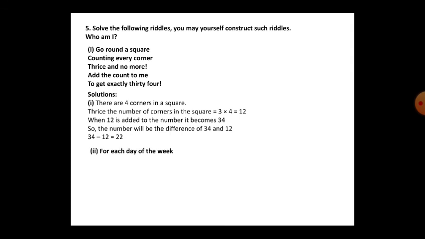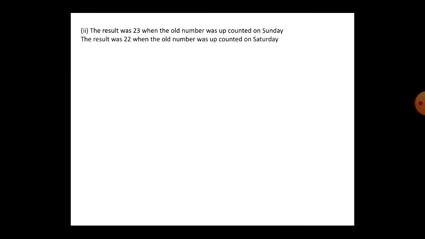For each day of the week, make an up count from me. If you make no mistake, you will get 23. Here is another riddle. The result was 23 when the whole number was up counted on Sunday. The result was 22 when the whole number was up counted on Saturday.